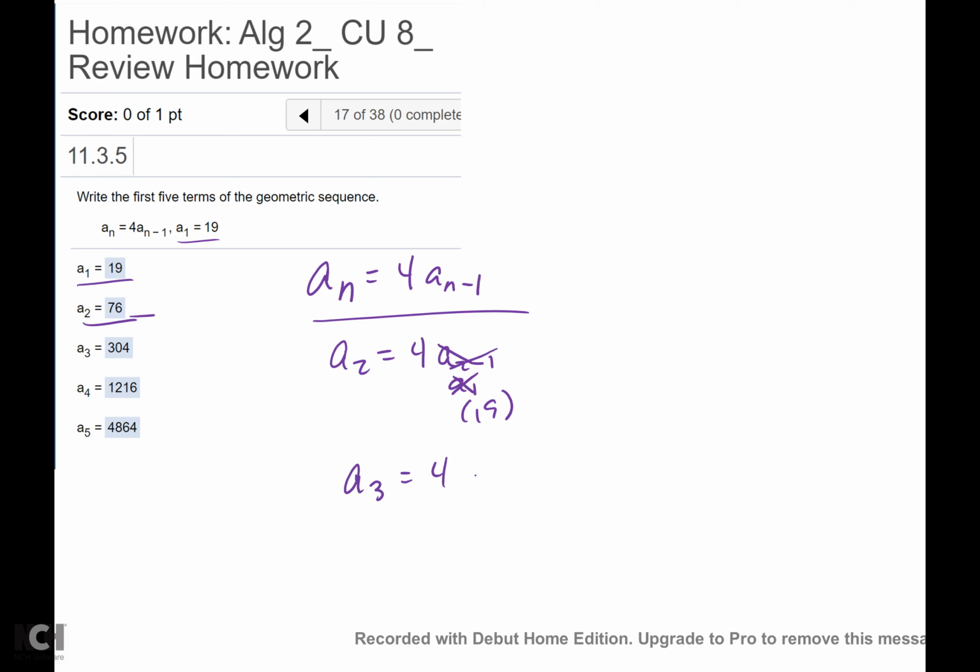A sub 3 would be 4 times a sub 3 minus 1, which would be a sub 2, which would be 76, and 4 times 76 is 304. You can keep doing that, guys, if you want, but you know that the pattern is your common ratio is 4. So times 4 is 304, times 4 is 1216, times 4 is 4864.